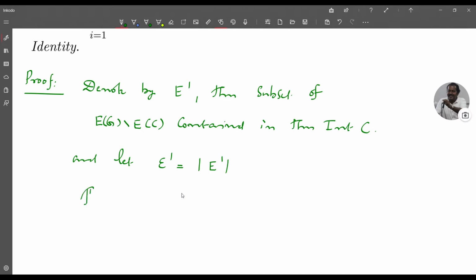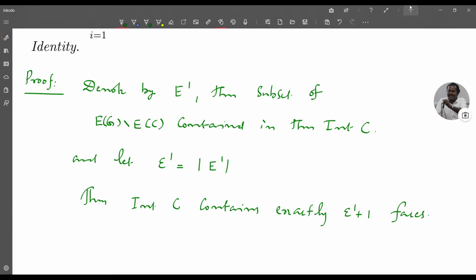Then the interior of C contains exactly epsilon dash plus 1 faces.